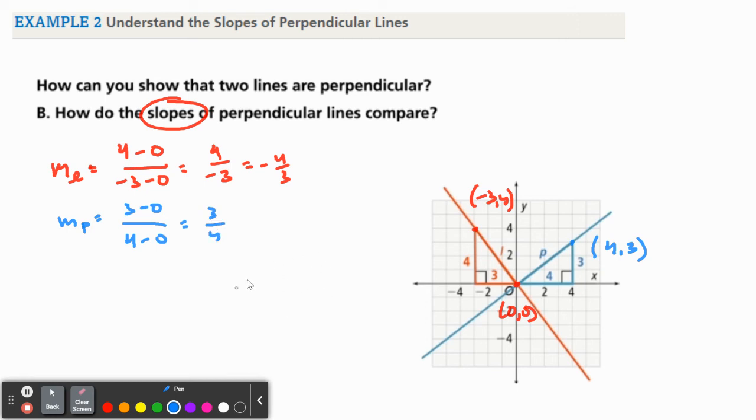And as you can see, these two slopes look very similar. One's negative, one's positive, one's 4/3, one's 3/4. Negative 4/3 and positive 3/4 are examples of what we call opposite reciprocals.